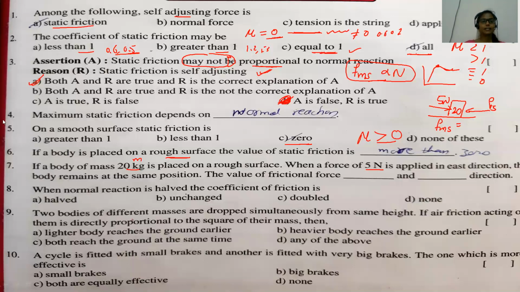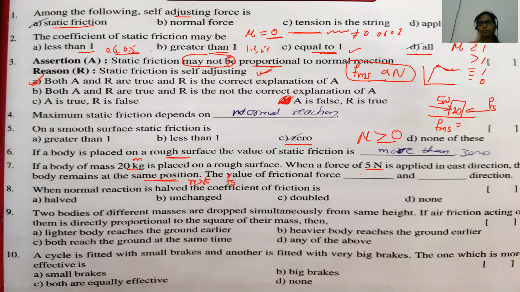Yes, children. See the seventh question here. A body of mass 20 kg is placed on a rough surface, right? This is the given data. And here we need to observe that the body remains in the same position. That means the body is not changing, so the body is at rest. When a body is at rest, when it is not moving from its position, then that is what we call static friction only.